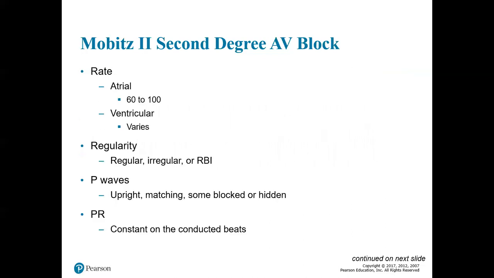With the Mobitz 2, your heart rate can still be 60 to 100. Your P's are upright, some blocked or some hidden, but you'll have your PR interval be constant on the conducted beats.